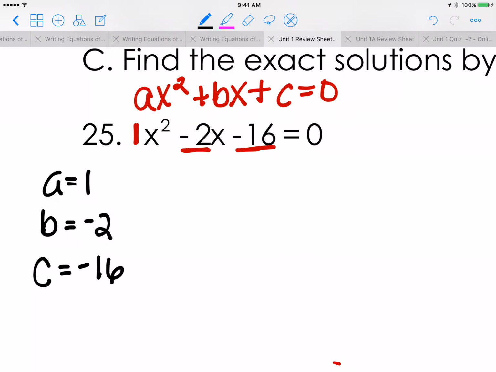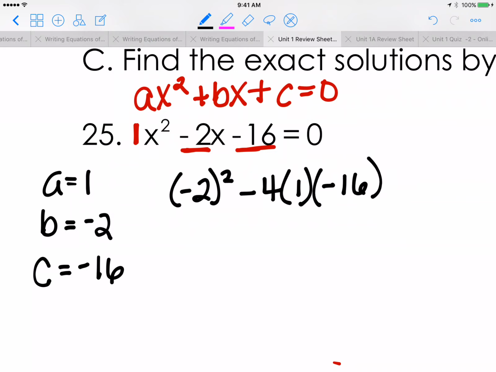So now we find the discriminant. We say b squared minus 4 times a times c. So now we use our calculator. We get 4, and then negative 4 times 1 times negative 16 gives us a positive 64.